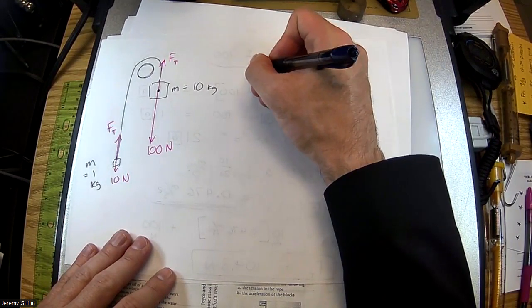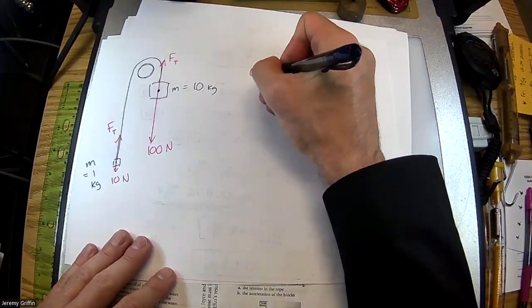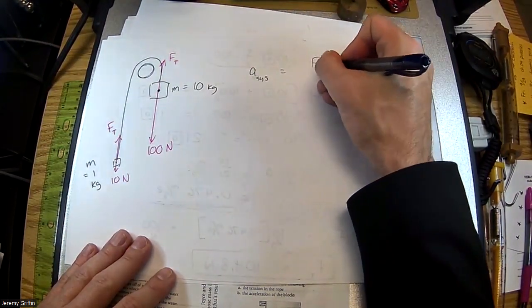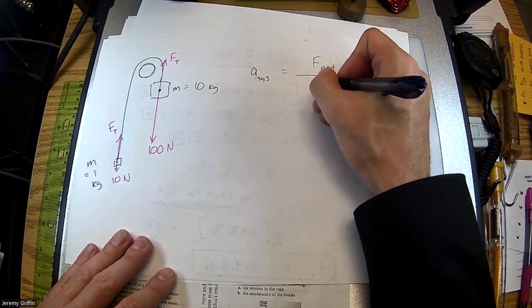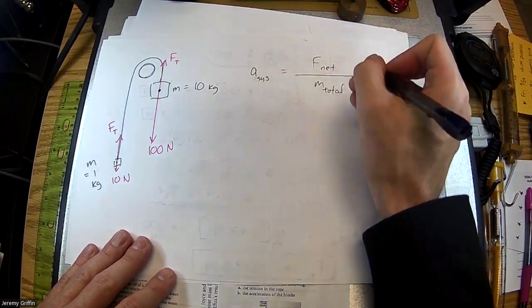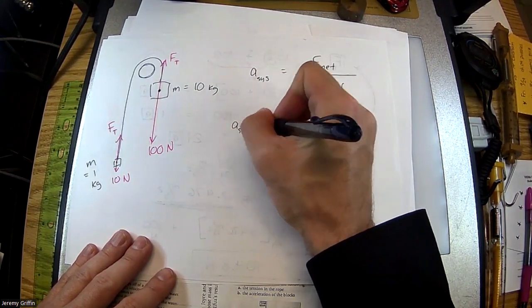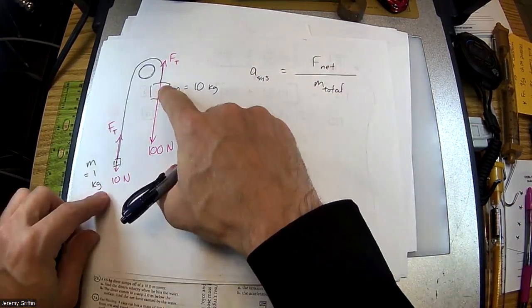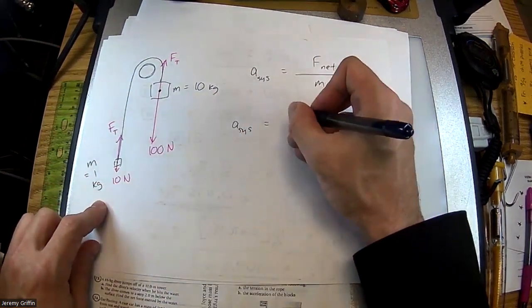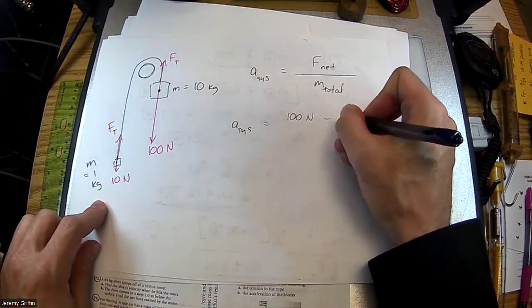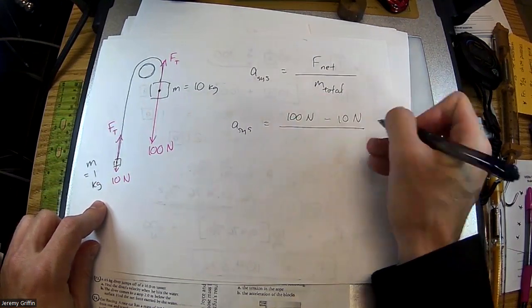So from a systems point of view, acceleration is the net external force divided by the total mass. This is normally how I solve it. Do you guys see these two competing? That's like 100 newtons versus 10 newtons.